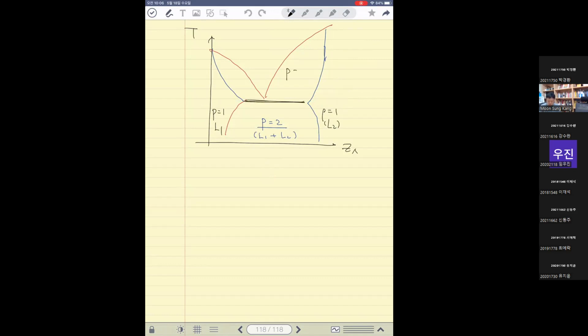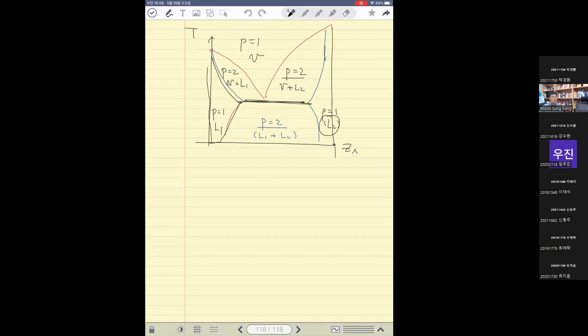Here I'm going to have two phases, right? The two phases are vapor phase and liquid 2 phase. Here I have liquid 2 phase. Here I have liquid 1 phase. Here I have two phases, vapor phase and liquid 1 phase. Here I have one phase, which is the vapor phase.